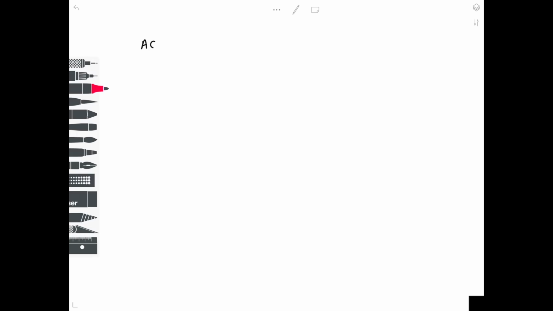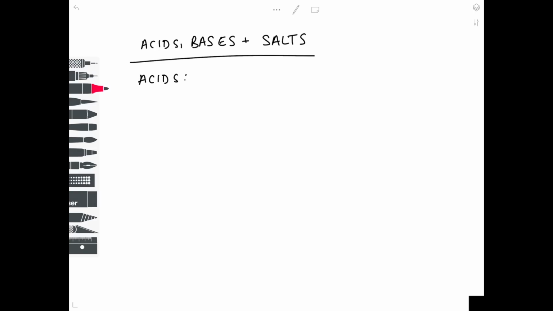Let's look more closely at the topic of acids, bases and salts. Now, first of all, we need to start by listing the properties of acids. Now, we know an acid donates hydrogen ions.